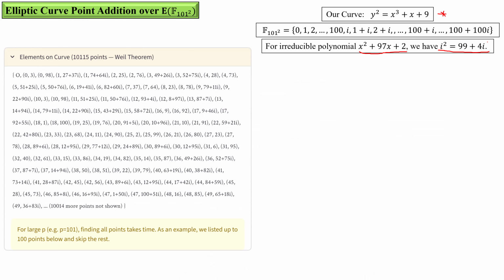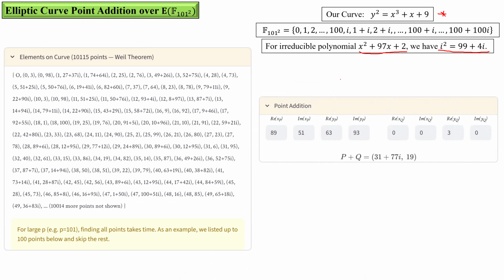So for the addition of two elements to each other, for instance, we want to add 89 plus 51i and 63 plus 93i.